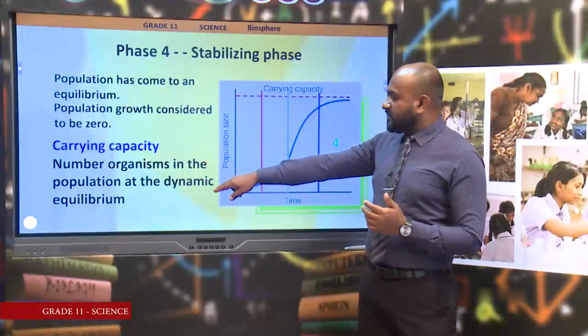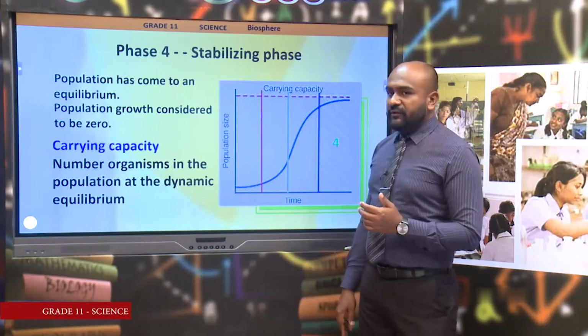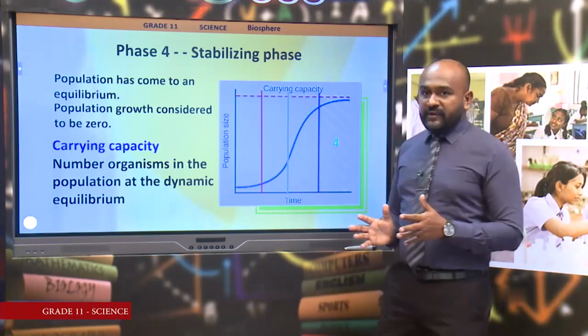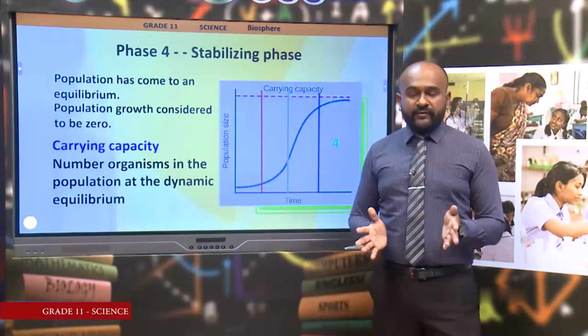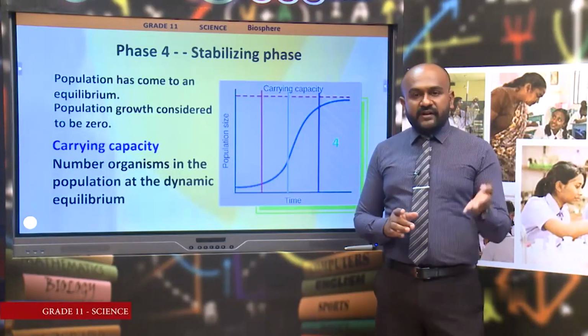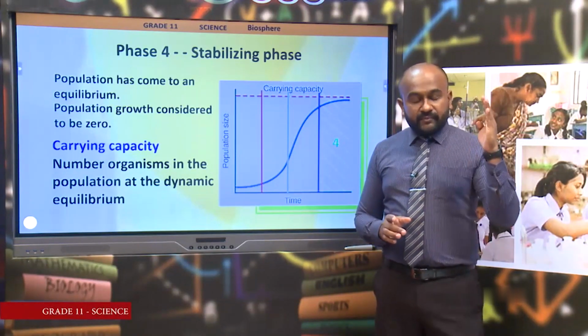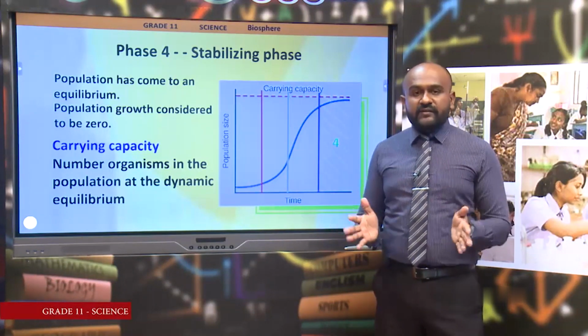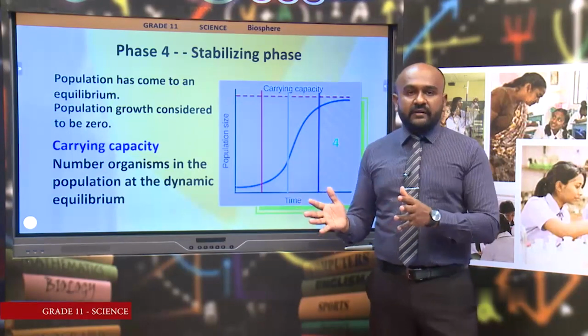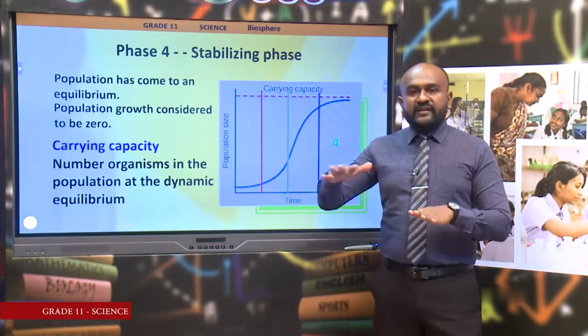Carrying capacity is the number of organisms in the population at the dynamic equilibrium. Now, this equilibrium is a result of several interactions going on. This equilibrium is a result of competition, predation, parasitism, disasters, diseases, and all that. The population is subjected to all that, then the number stays constant.